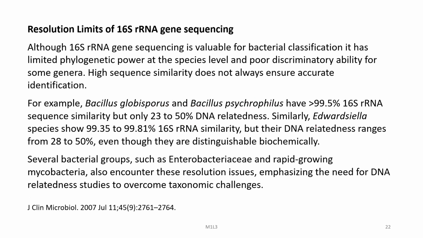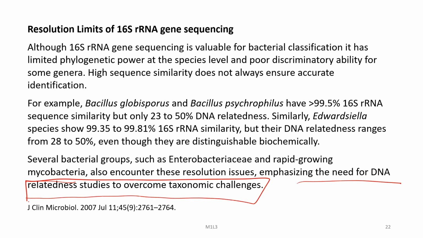Similarly, in Edwardsiella, we have species with around 99.35 to 99.8% 16S rRNA similarity, but their DNA relatedness ranges from only 28 to 50%, even though they are distinguishable biochemically. So, several bacterial groups such as Enterobacteriaceae and Rapid-Growing Mycobacteria also encounter these resolution issues, emphasizing the need for DNA relatedness studies to overcome taxonomic challenges.